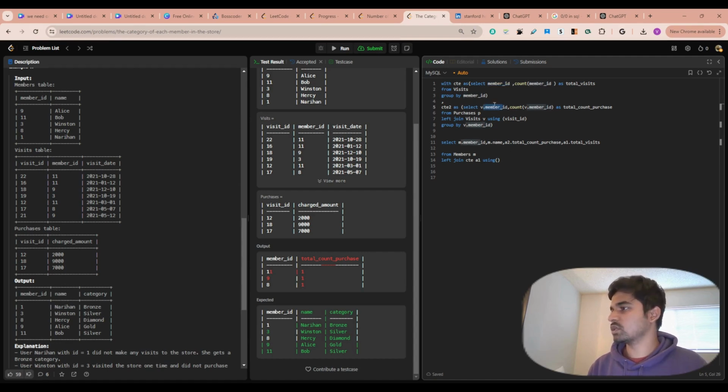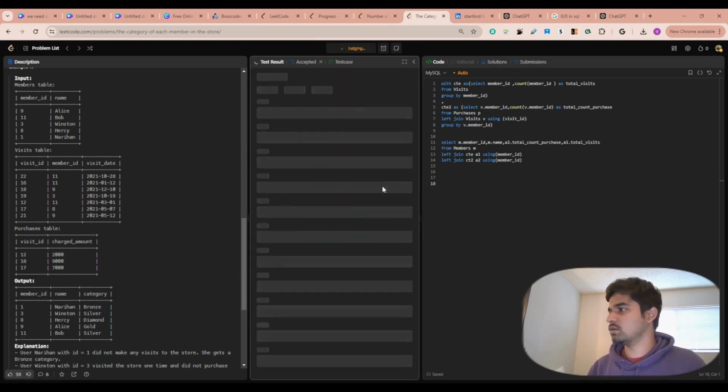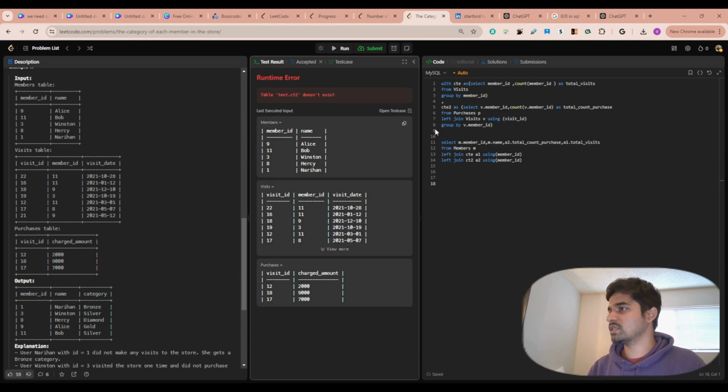So using member ID, once again left join, because we are going to left join another table, CTE2, and the alias would be A2. Now let's run it. There won't be much issue.